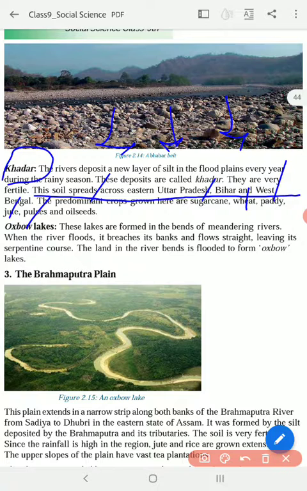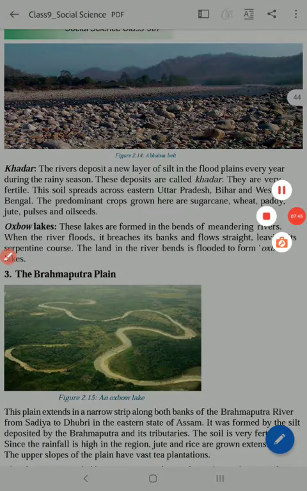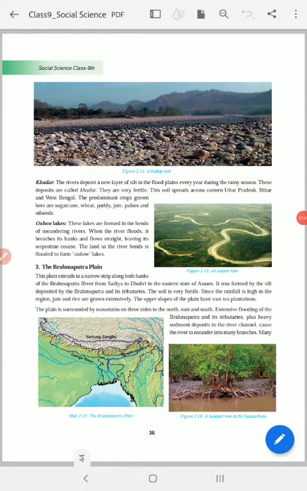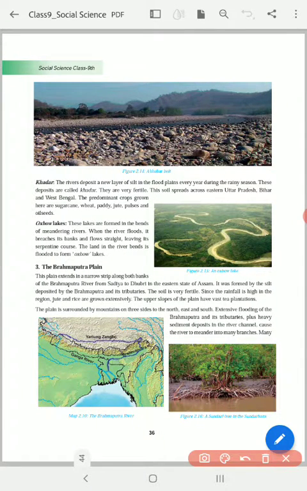They are cultivated here. Then from here we have the Oxbow Lakes. What are Oxbow Lakes? You see here in the picture, it is the natural path of the river. But because of too much rain, this area is often flooded.